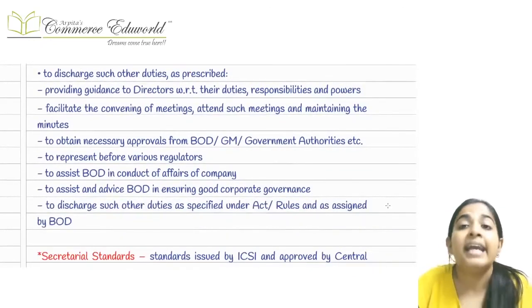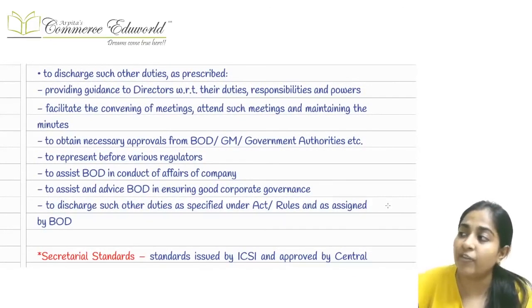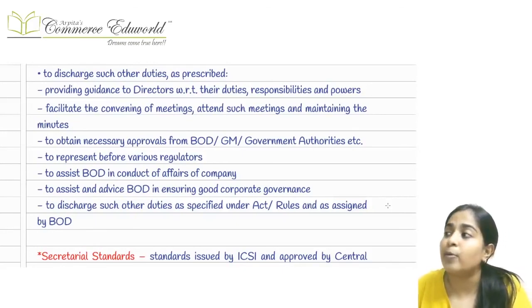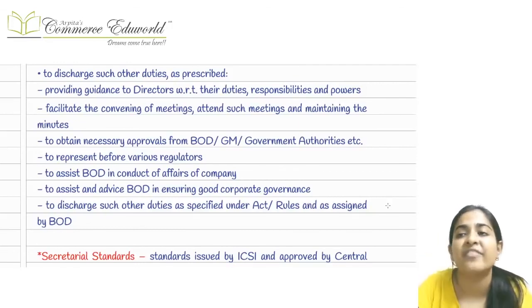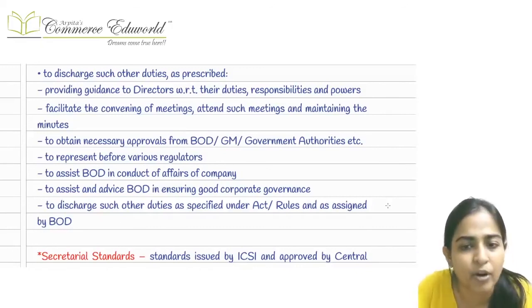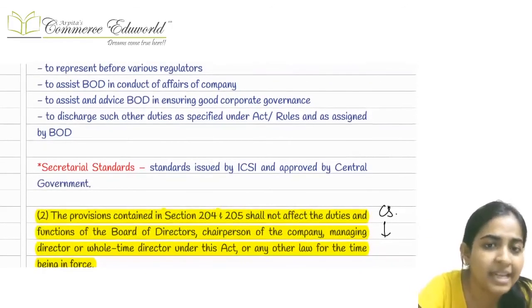He has to advise the board. Whenever any approvals are supposed to be taken from the CG, just like we saw the MR2 form, whenever any approvals are to be taken by board resolution, or from any government authority, all these works are done by the company secretary. For that purpose only we appoint a company secretary.